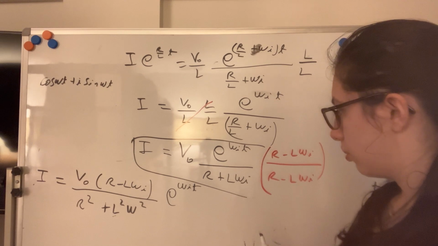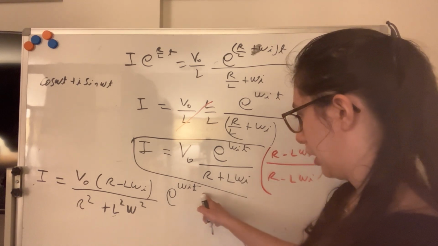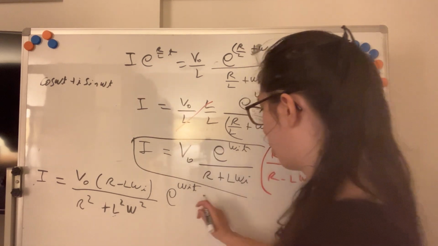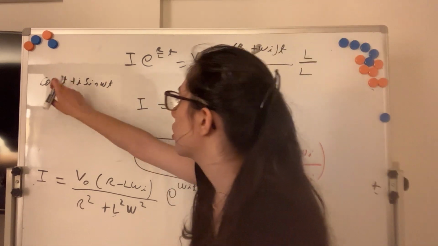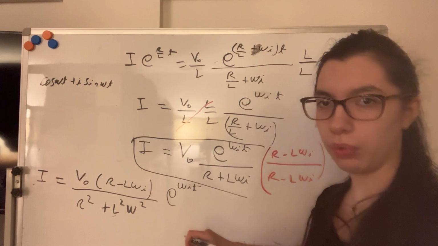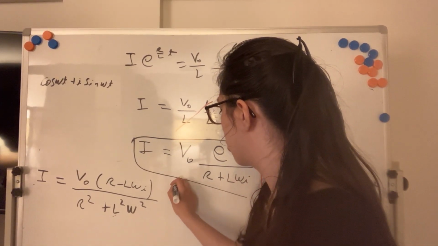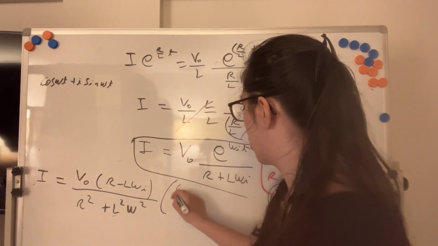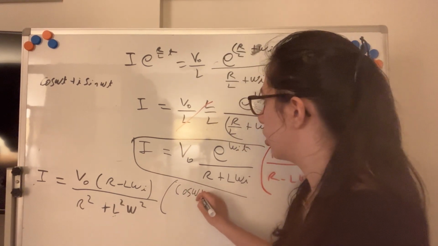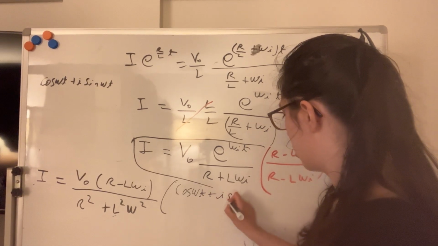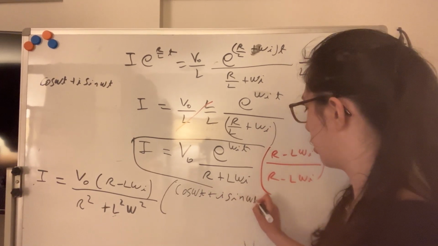Remember that e to the omega I t is Euler's identity, so now I will substitute this by cosine omega t plus I sine omega t.